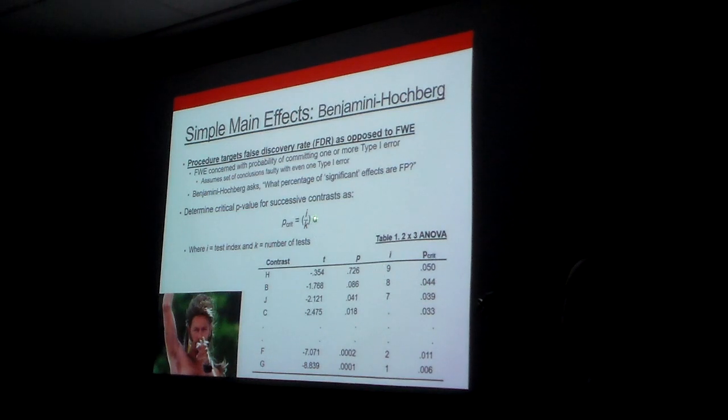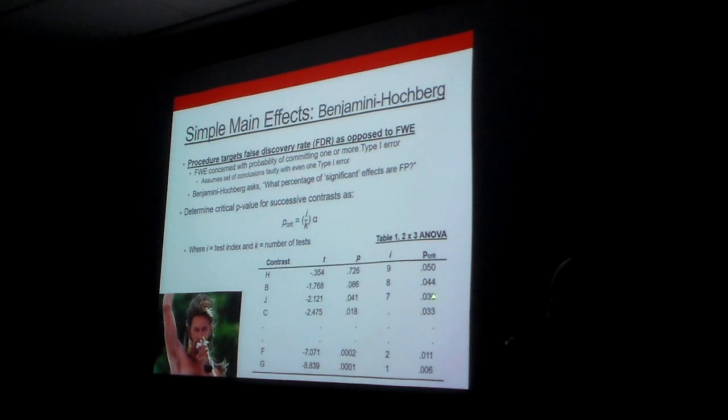This is index 8, 8 divided by 9 times 0.05, I get 0.044. And then work down through this, right? By the time we get to this test, we have, at just a per comparison error rate, something that we would normally identify as statistically significant.